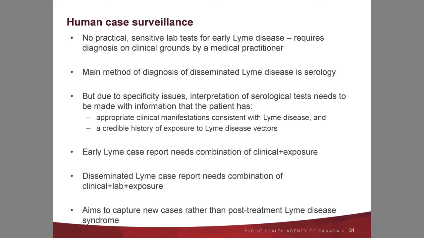Within the case definition are those with erythema migrans: the person needs to have had some credible encounter with ticks and have that red ring, but no serological response is needed. For a confirmed case, you need disseminated Lyme disease symptoms, a laboratory result and exposure, but for a probable case, you don't need exposure.